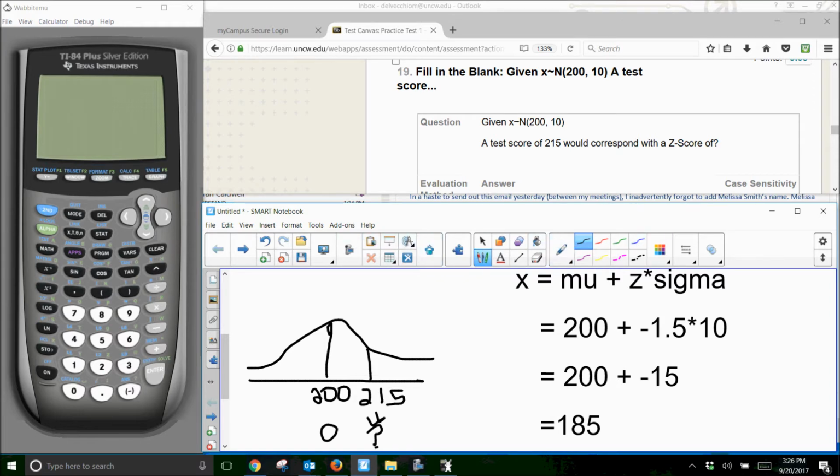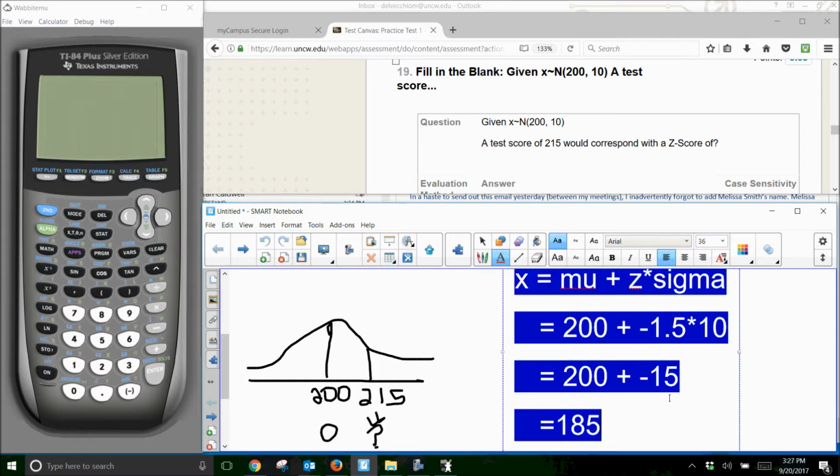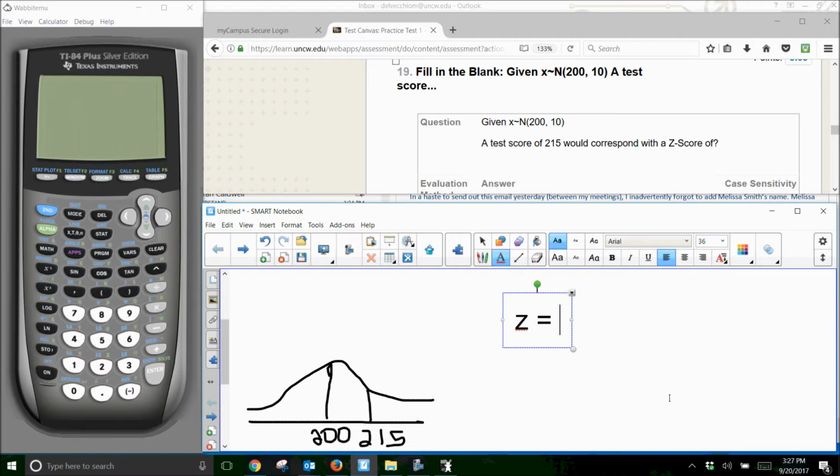Okay, so we have a different formula for this one. We're actually going to use z equals x minus x bar, and then we're going to divide that whole thing by sigma.